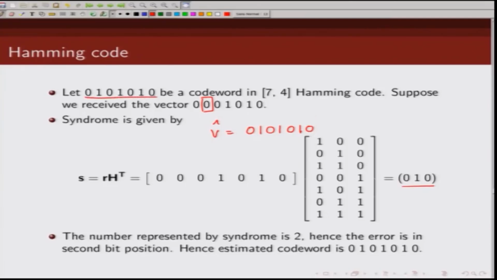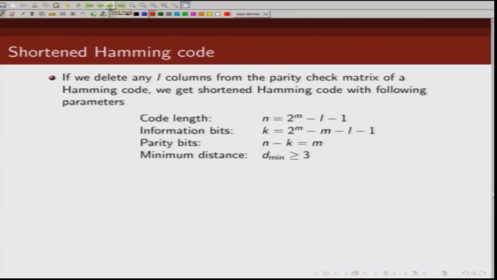This is the same code word that I have transmitted. You can yourself verify: change some other bit location, introduce some other single error, and you will see from the syndrome you can find out the location of your error. So, it has a very simple decoding algorithm.